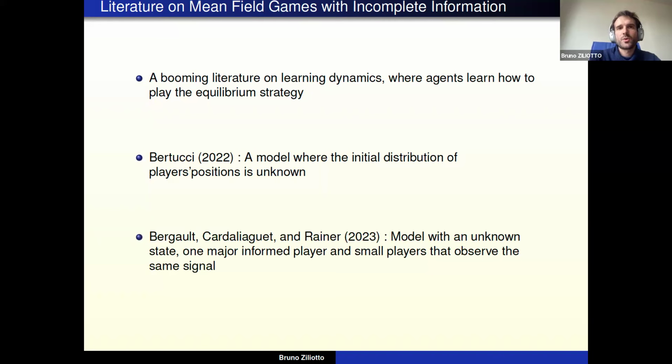Another one, from 2023, is a model where you have an unknown state that only one player observes. So there is a player that is, let's say, a major player, and he knows the state, and the other ones are like in the mean field game classic model. They are small players. They don't know what the state is, but they observe the same signal about it, and then the play goes on.